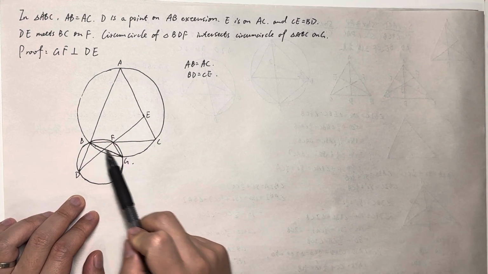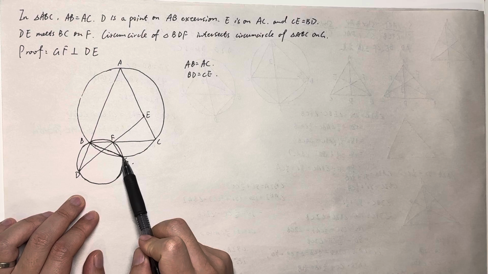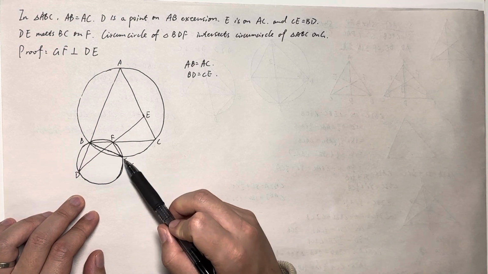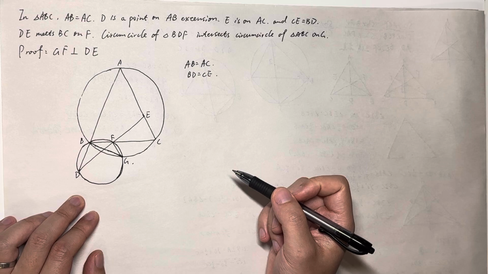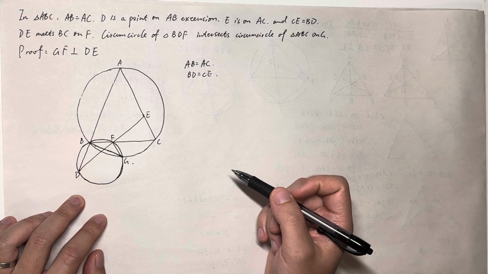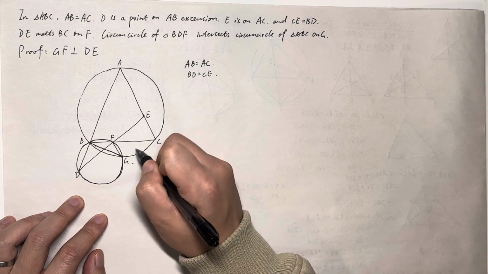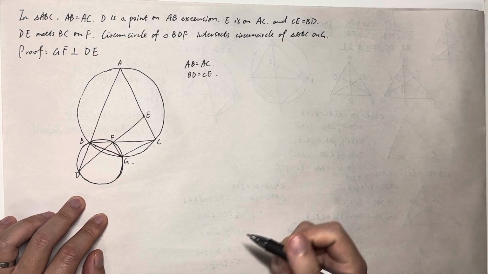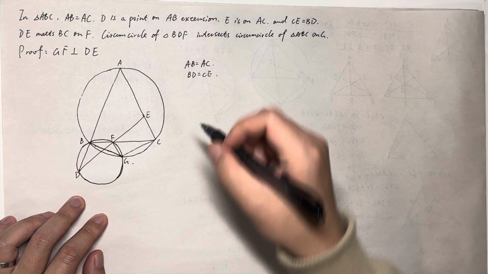Always connect the intersection point. It gives us a lot of information. So just connect BG, and also here we need to connect GC. Yeah, that's enough for now.